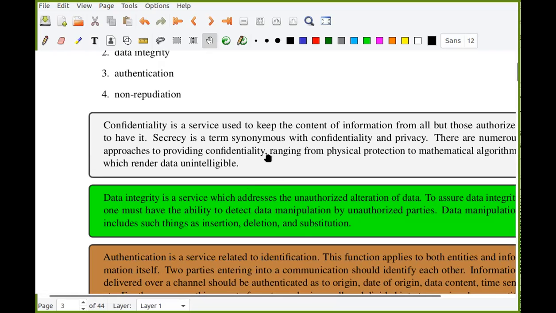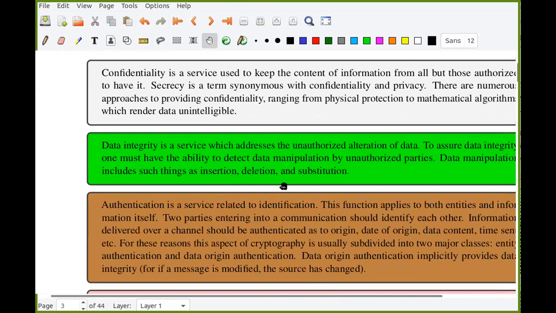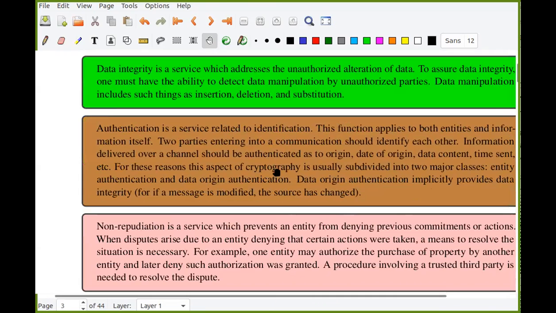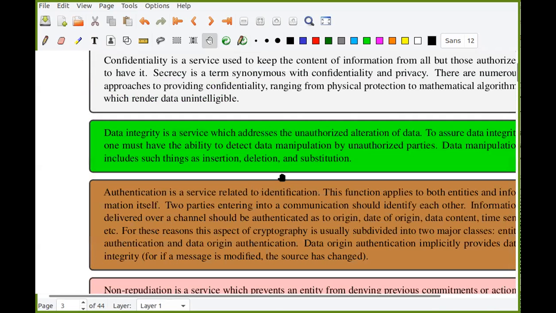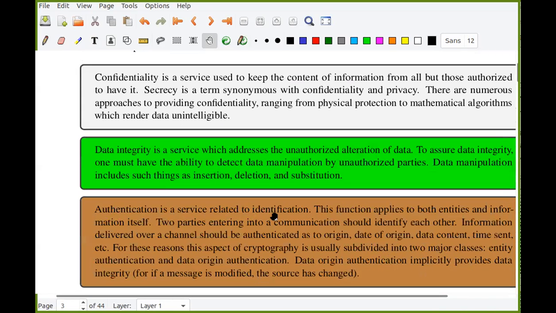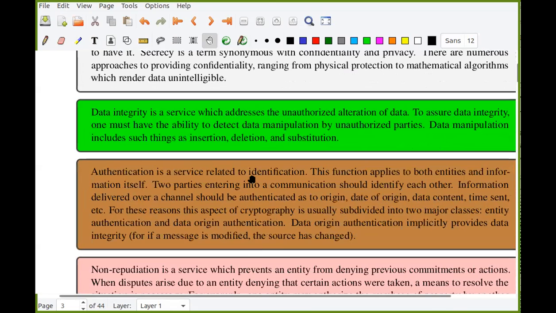For example, a symmetric crypto system will not give non-repudiation at all. Even for authentication, with symmetric we can use MACs. Whereas a public key crypto system gives all four.